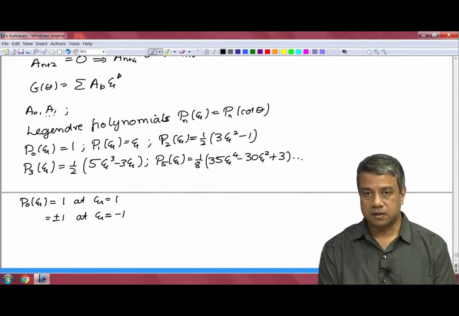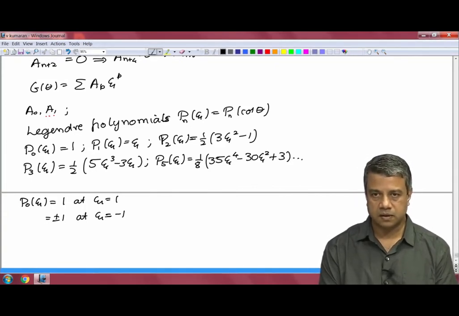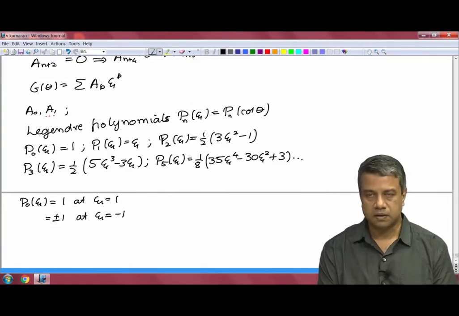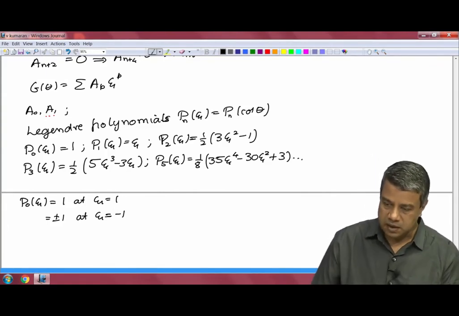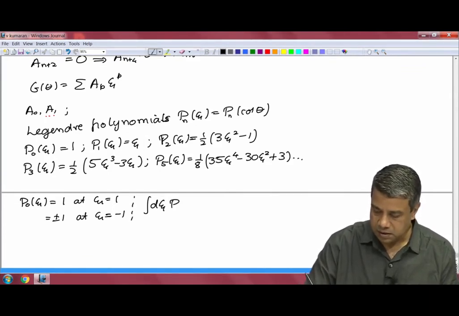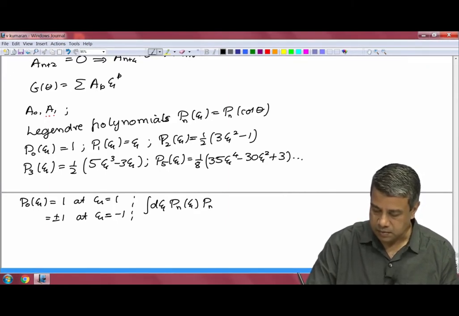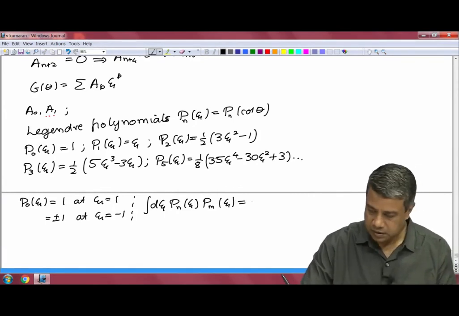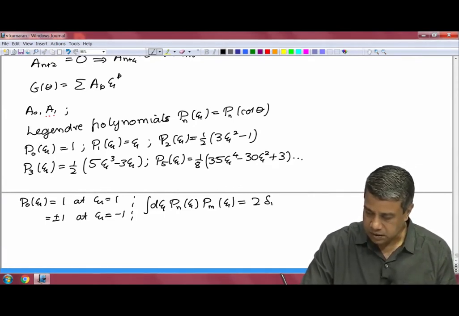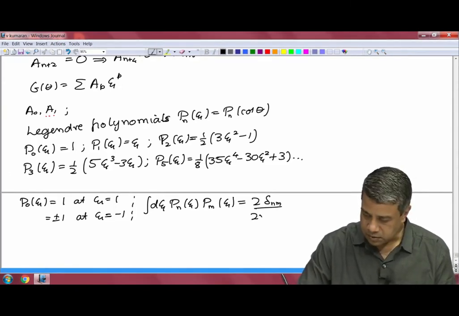Now, these are orthogonal polynomials. You can show that they are orthogonal polynomials quite easily. I will not go into the details here, but they do satisfy the orthogonality relation: integral d psi Pn of psi Pm of psi is equal to 2 delta n m by 2n plus 1.